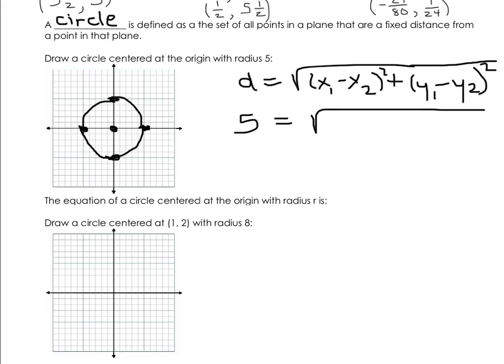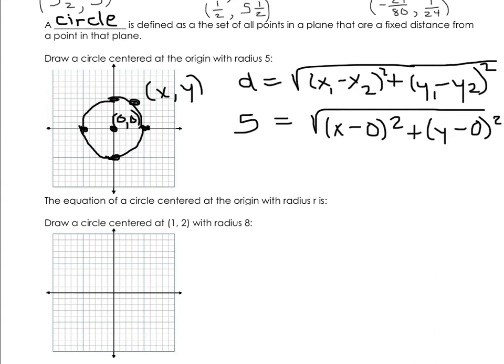And what are our x values? Well, let's call any point on the outside of the circle xy. So that's going to be x minus, what's x2, y2? The distance between the two points, that'll be the center, the origin, and we know that's the point (0, 0). So x minus 0 squared plus y minus 0 squared.